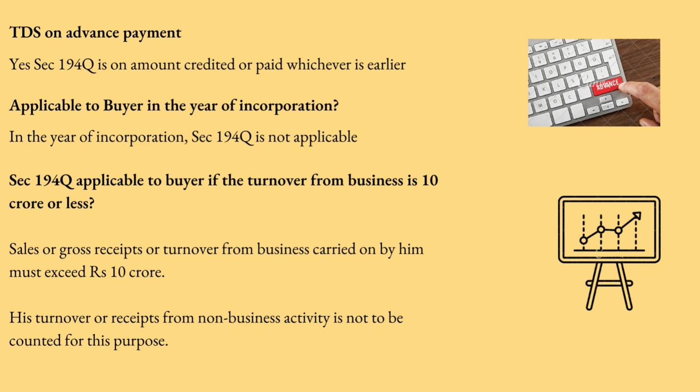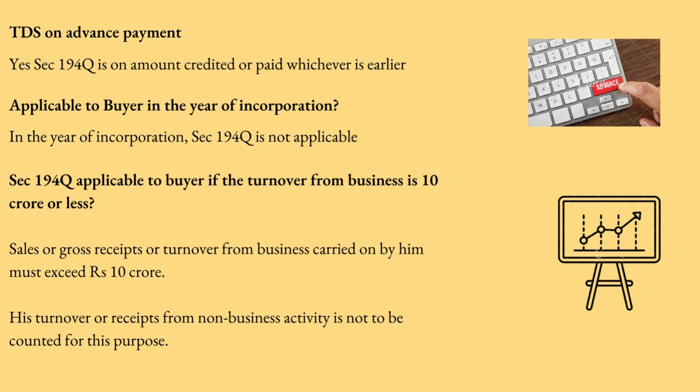Say, for example, a person has a business income of 8 crores, income from house property of 2 crores, and income from other sources of another 1 crore. All three put together exceed 10 crore. But the turnover from business is only 8 crore.